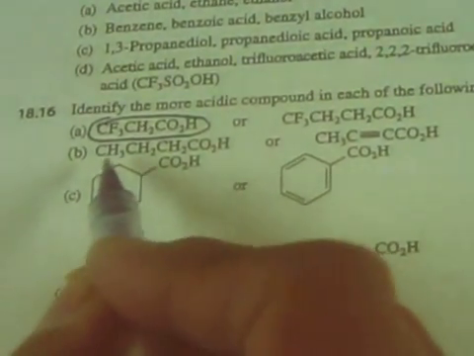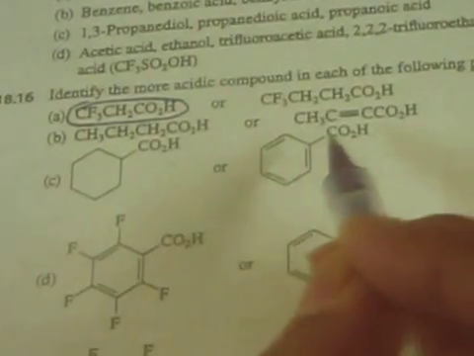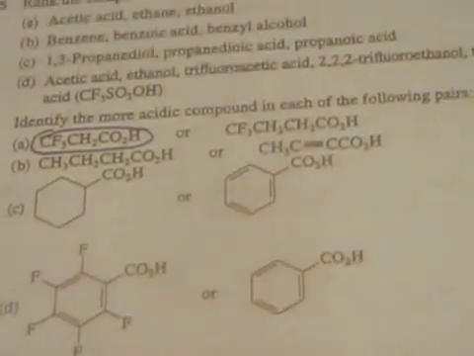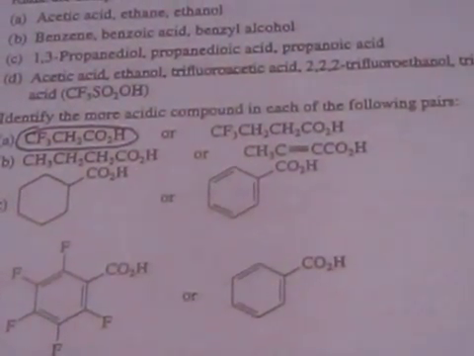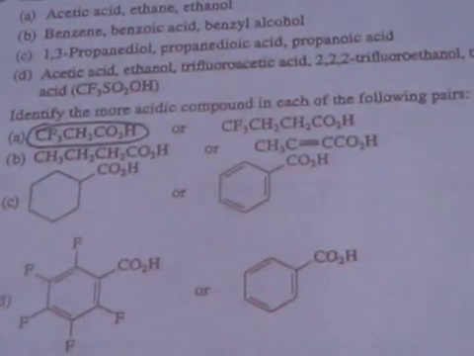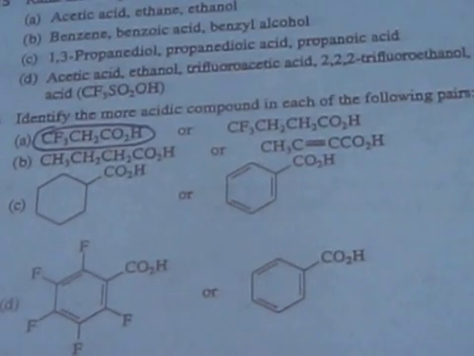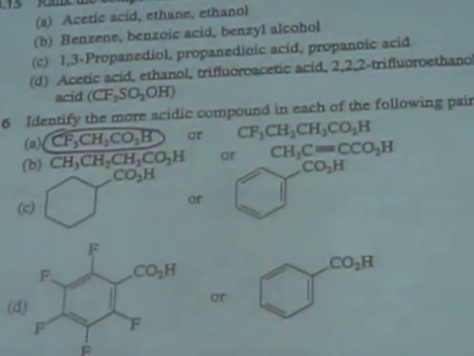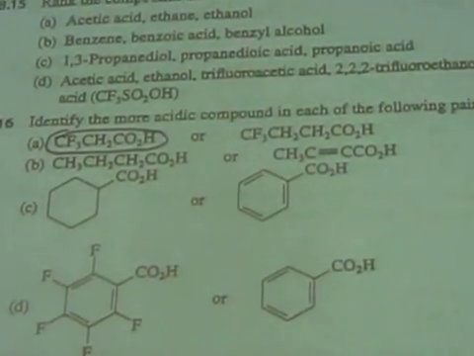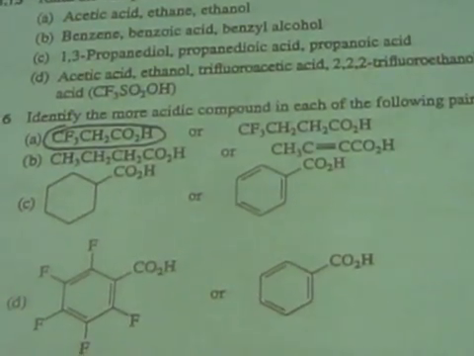Same way, you have 3 carbons, but in this case you have a triple bond. As you know, double bonds are shorter than single bonds, and triple bonds are shorter than double bonds. So they get closer, and also the pi bond can transmit much better.